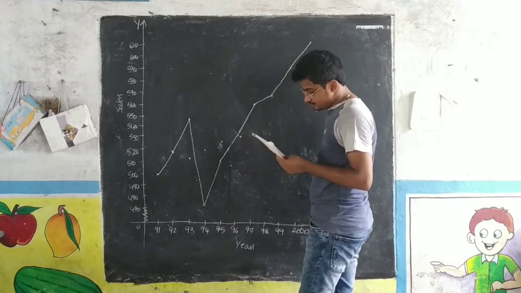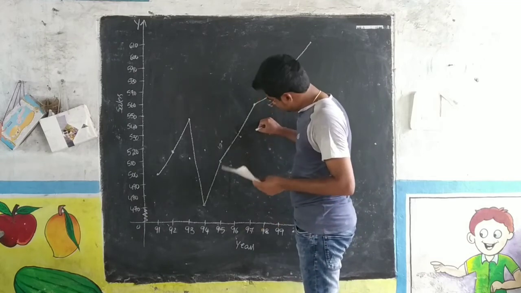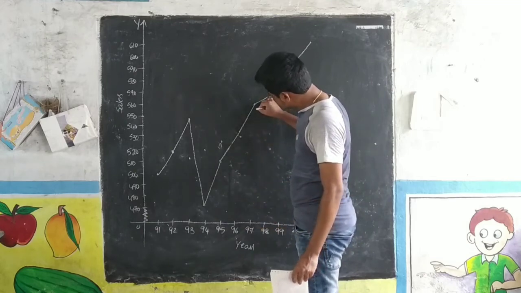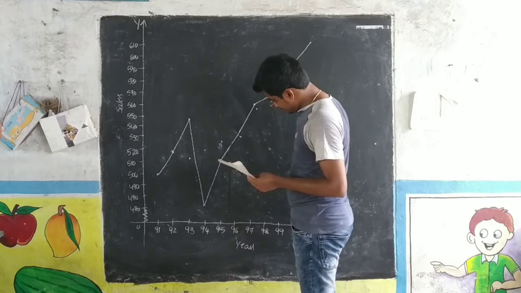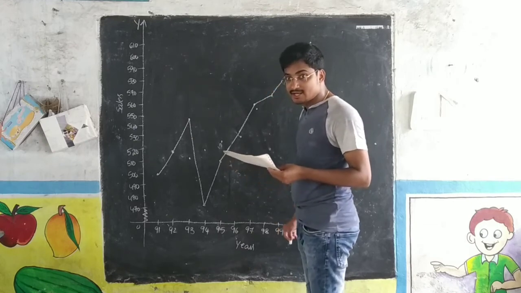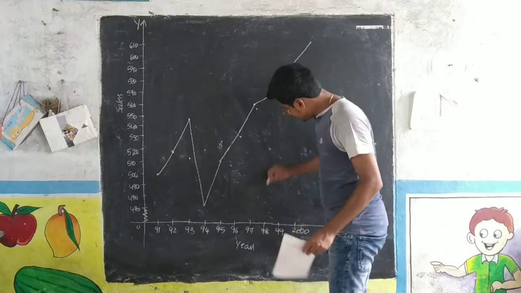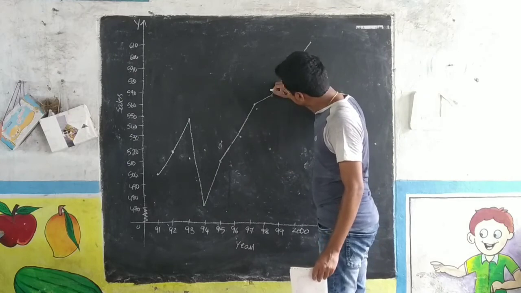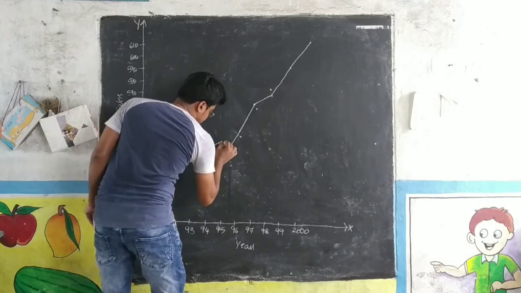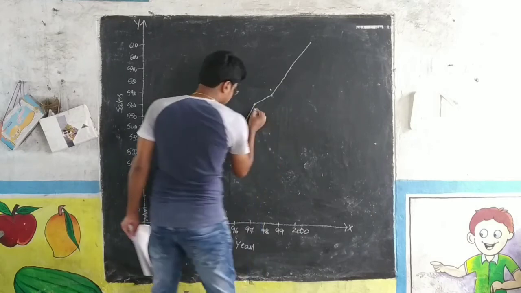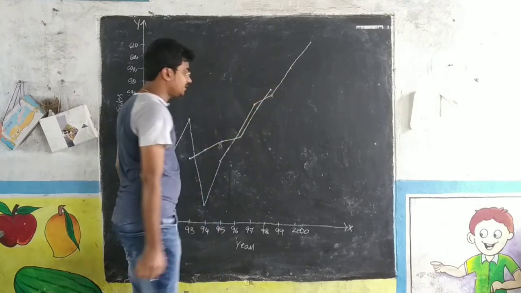Next 1997, value 554. The last expected year is 1998, corresponding average value 574. This is the trend line.